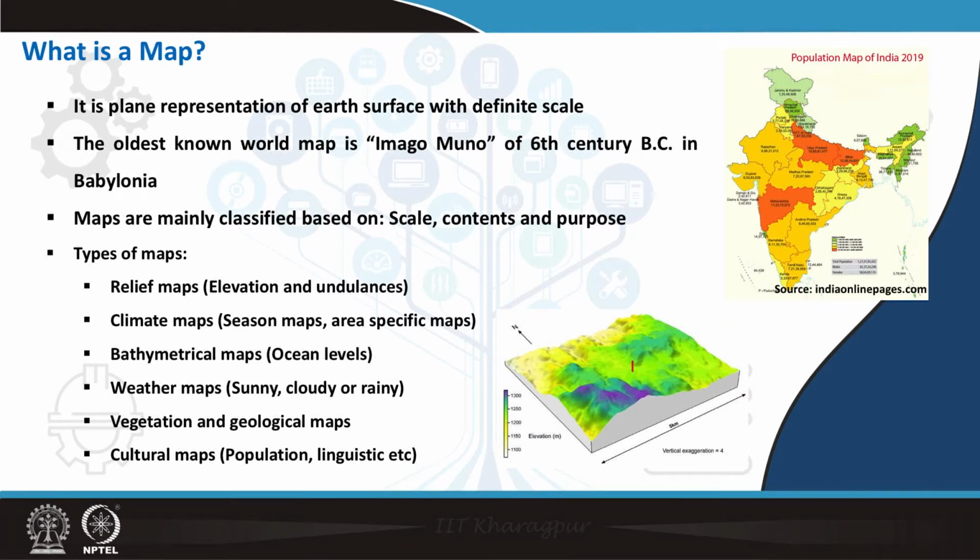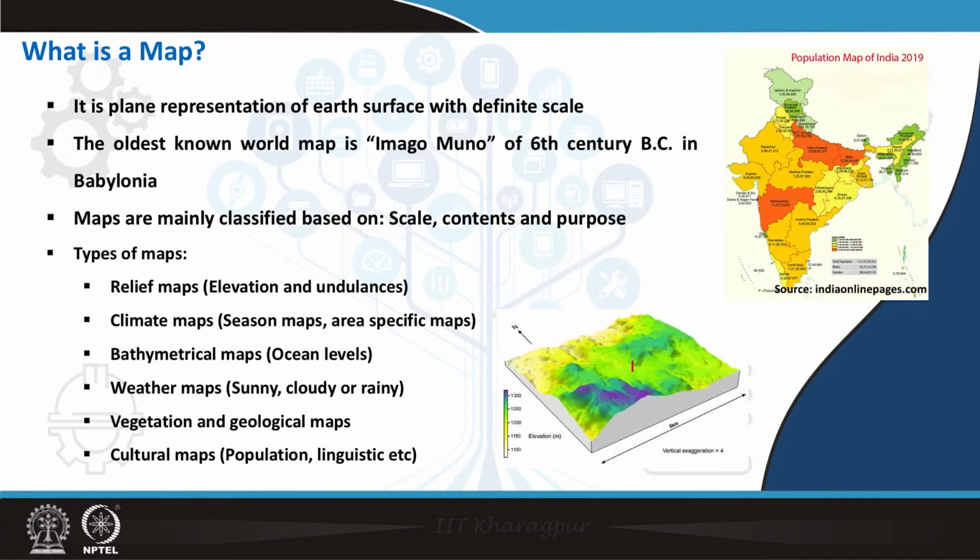This particular map is an elevation map, or a relief map, which shows that this particular region has a higher elevation. These are the higher elevations and these are the ones with the lower elevation. You can see the scale here. For example, here it is 1100 meters, the white. These are the regions which are quite low. And you have yellow, which is 1160 meters, which is here.